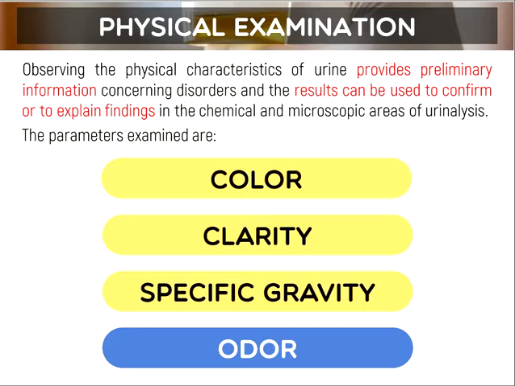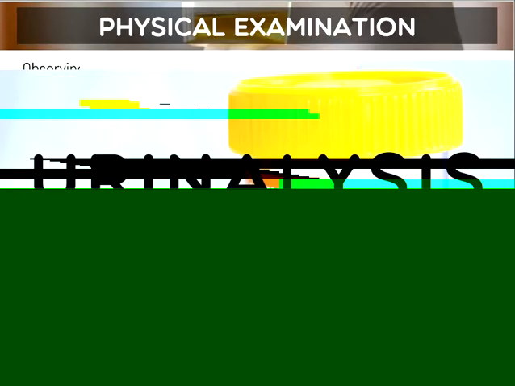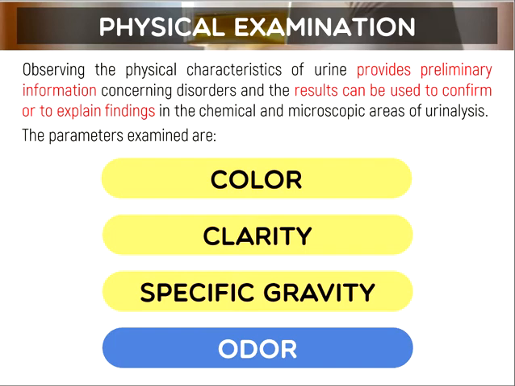We have different parameters here: color, clarity, specific gravity, and sometimes odor. Take note, guys, the physical examination is the first part of routine UA, and it is the easiest and quickest part of routine UA.